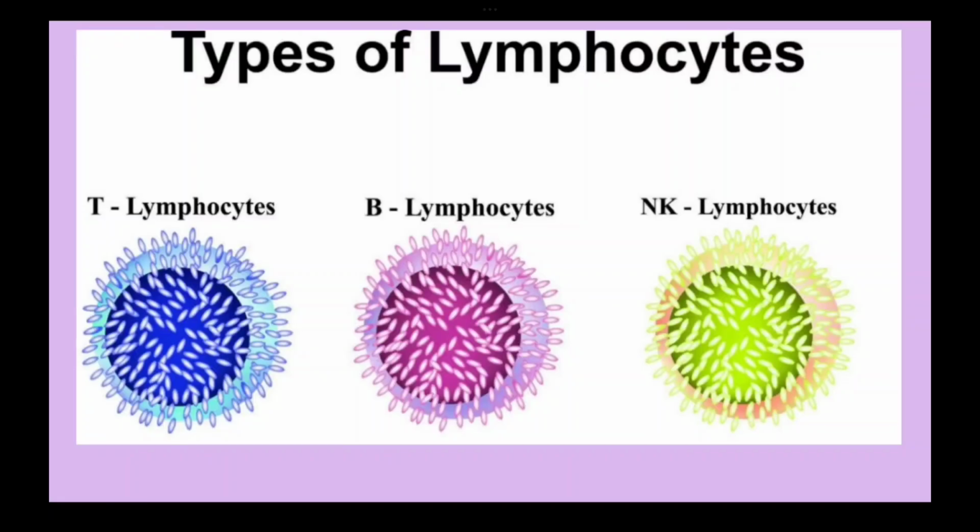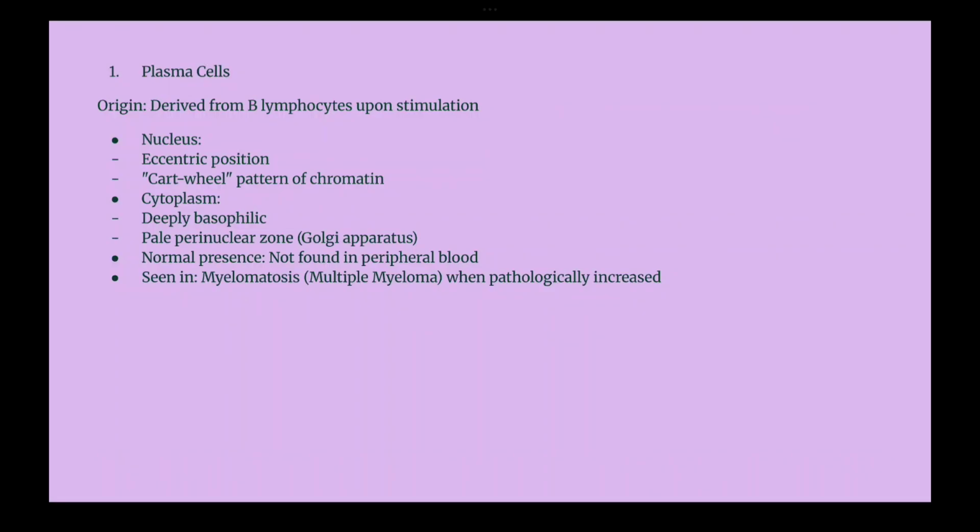Now the types of lymphocytes, as I told before, are T, B and NK lymphocytes. Plasma cells originate from B lymphocytes upon stimulation. The nucleus of plasma cells is eccentric in position, meaning it is not in the center. A cartwheel pattern of chromatin is observed.